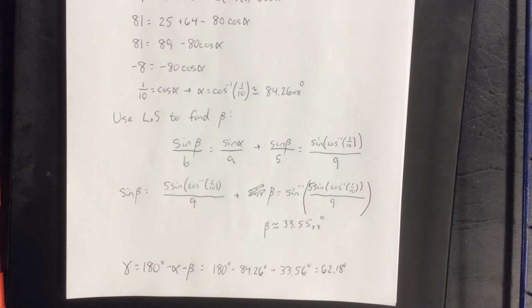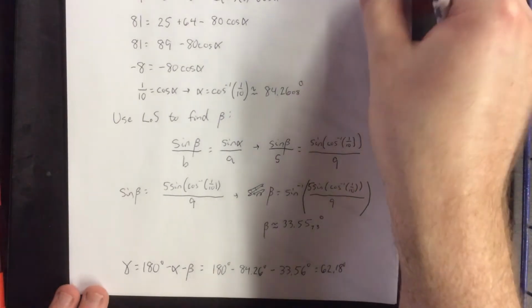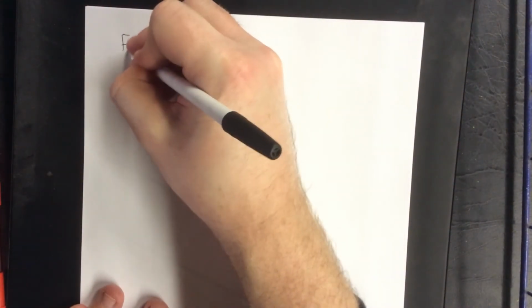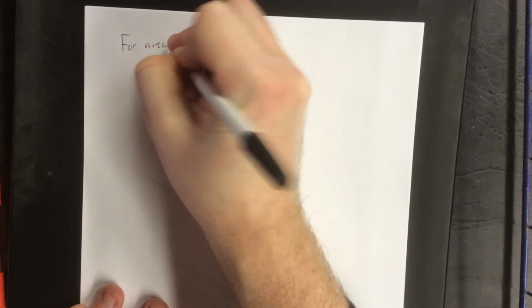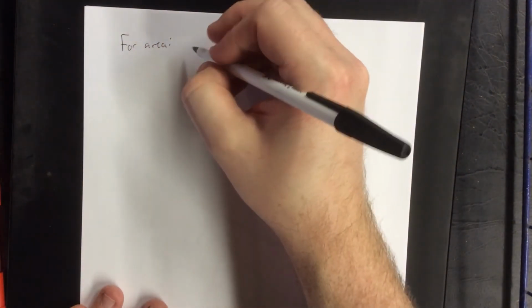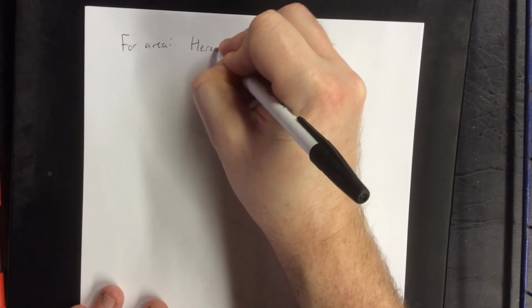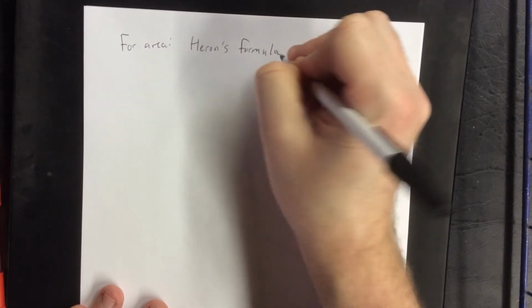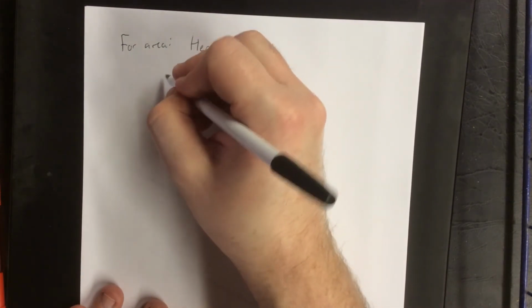Now, in addition to all of this, we're also supposed to find the area of the triangle. In my mind, it makes the most sense for us to use the side, side, side, or Heron's formula. So for the area, we'll use Heron's formula. What we'll do is, after we use Heron's formula, we'll go ahead and approximate it using one of the angles as well, just to make sure.